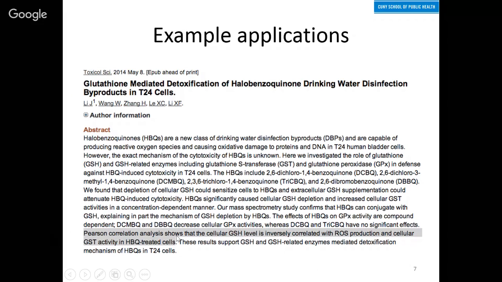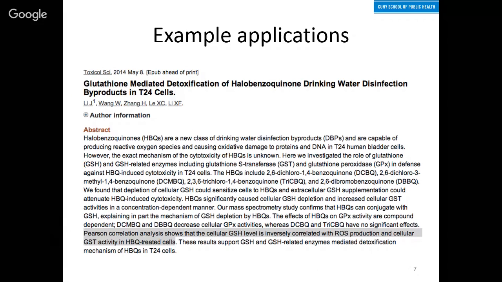So they are avoiding any causal language here. They're just saying that the amount of this byproduct is inversely correlated with several of these measurements of cellular activity in the T24 cells. So inversely correlated means that when the predictor goes up, the response goes down.